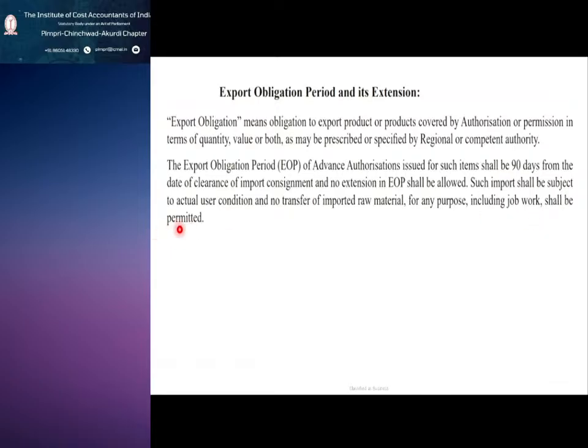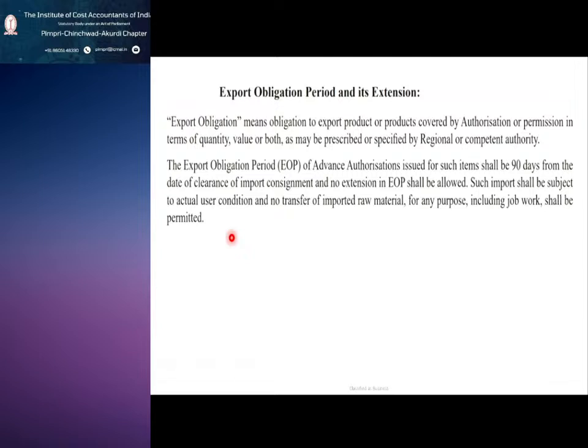So again, you are seeing the term actual user condition. Such import shall be subject to actual user condition. The meaning is, you have imported the wood, glue and nails, and you should use that only for the manufacturing of your export, to fulfill your export obligation only.